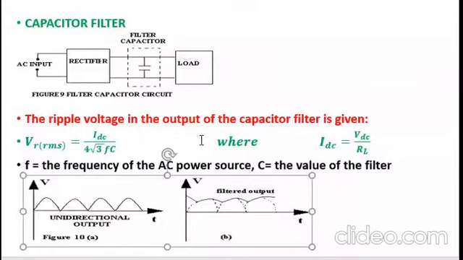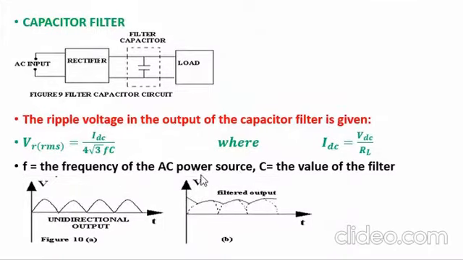The DC current is equal to the DC voltage all over the load resistance. So IDC is given by VDC all over RL, where RL is the resistance of the load.